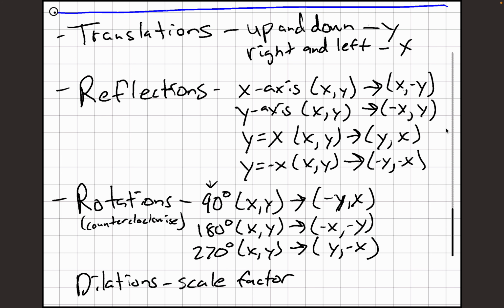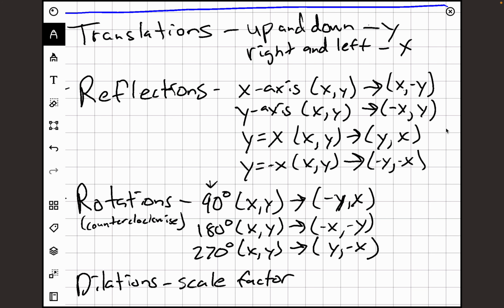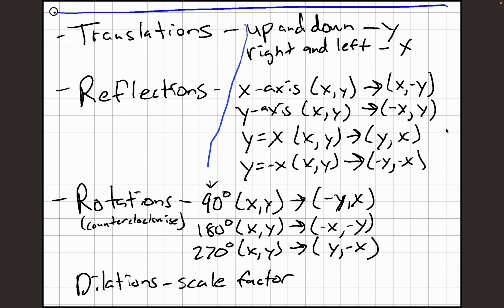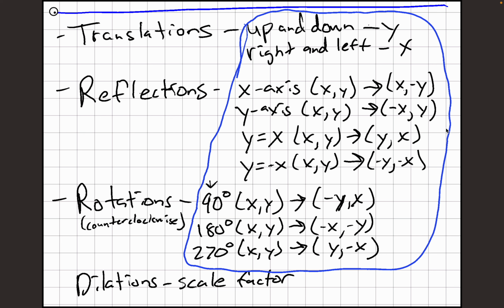So I'd make sure that you have all of these down, because you will really need to know them today. These are going to be the main ones that we are focusing on today. Because what we're going to be doing is, let me go to it.